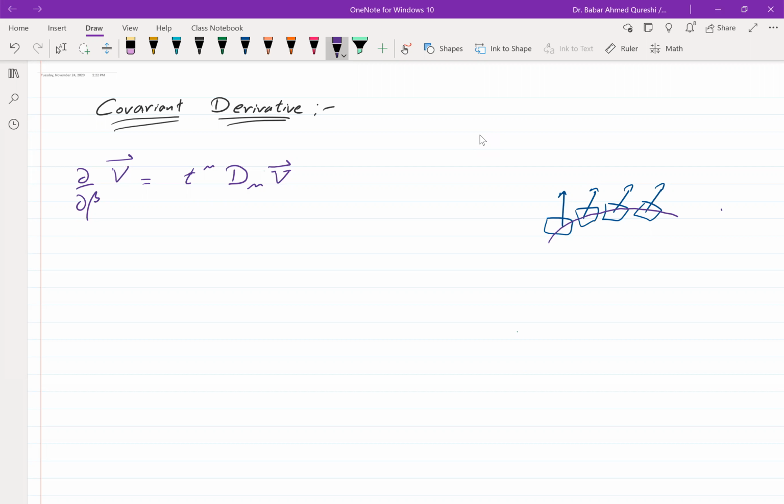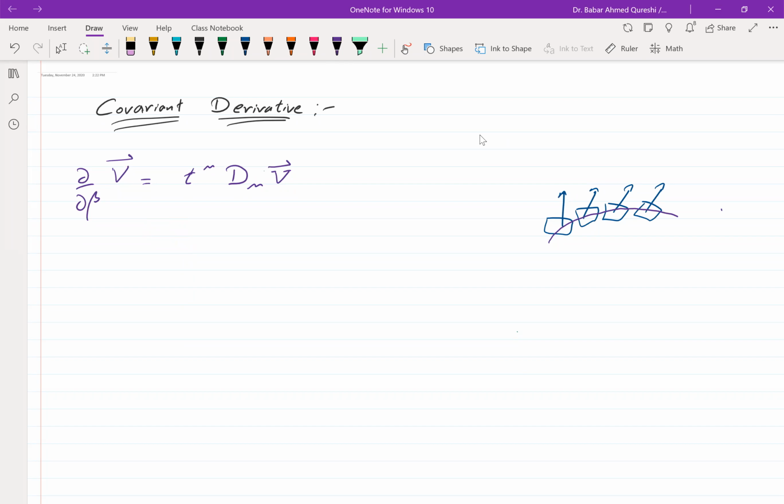So this d by d beta, I was expecting it to be something like this. But this naive derivative, which is just like you're looking at how the components change from point to point, that doesn't do the job. That doesn't mean much.